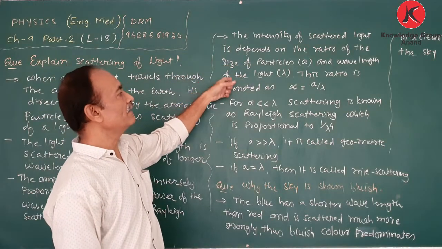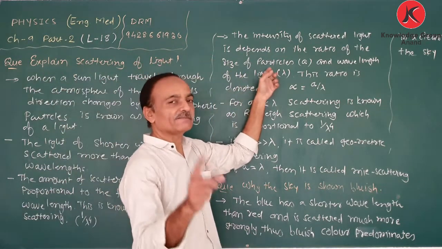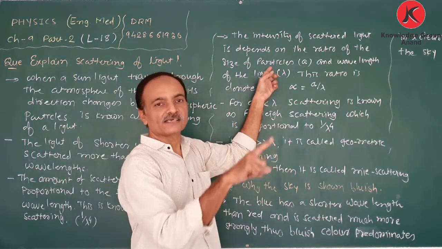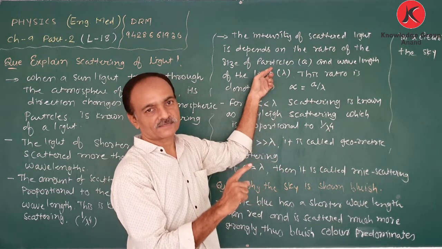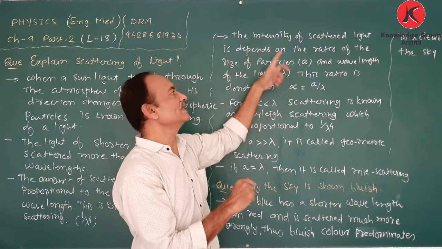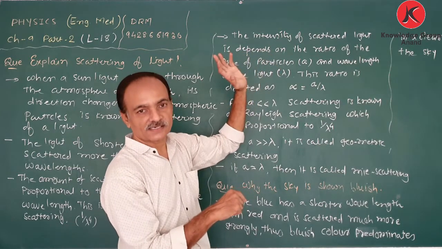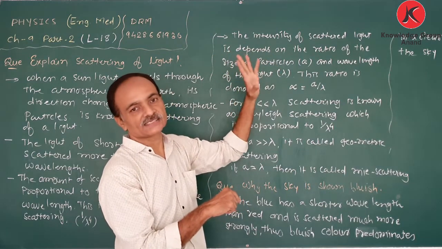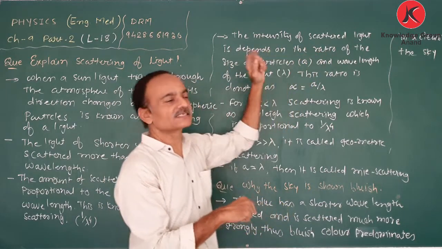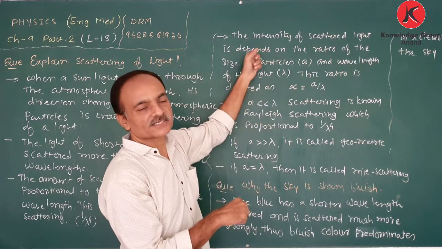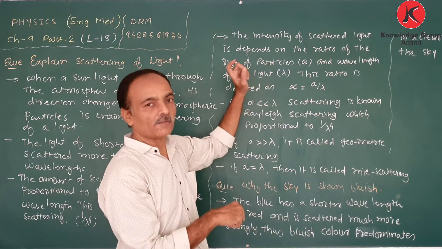Now, after that, the intensity of the scattered light depends on the ratio of the size of the particle and the wavelength of the incident light. We just discussed that the scattering phenomenon takes place when sunlight travels through the atmosphere of the earth. In the atmosphere, dust particles and water particles are present with different sizes. Therefore, the intensity of the scattered light depends on the ratio of the size of the particle and the wavelength of the light.